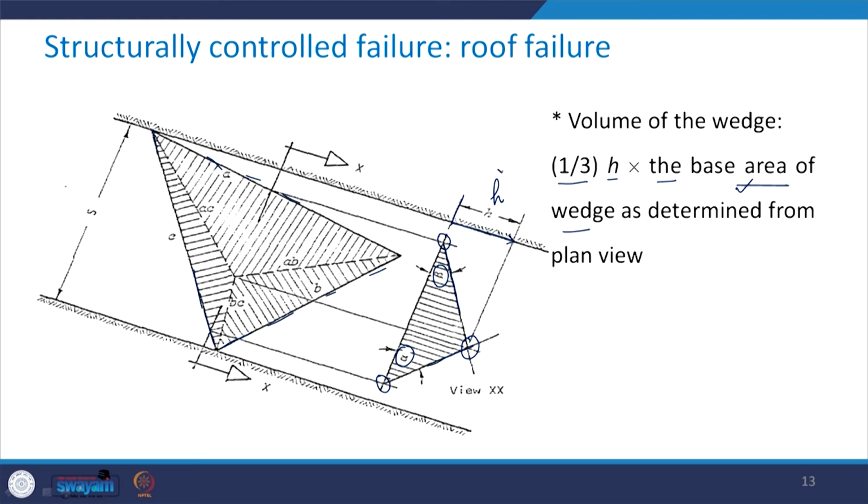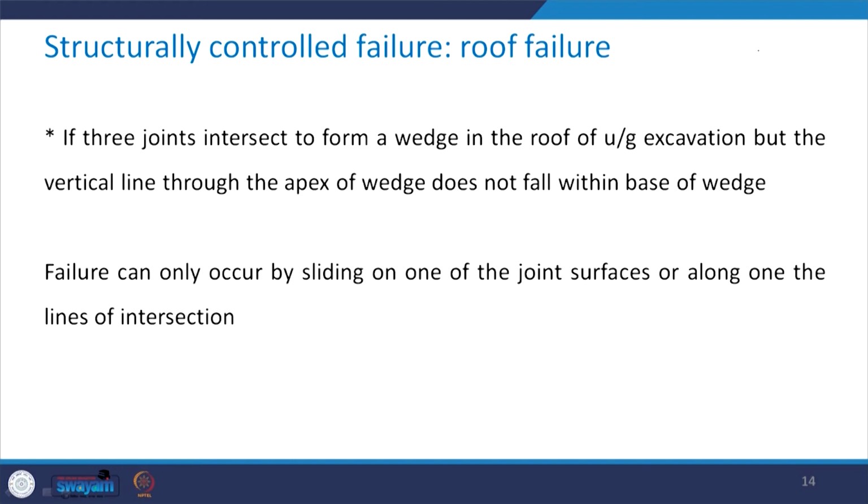So, you measure this h and you can get the area of this triangular portion, and you will be able to get the volume of the wedge. So, this is how the height and the volume of the wedge which is formed in the roof can be determined using the stereographic projection.